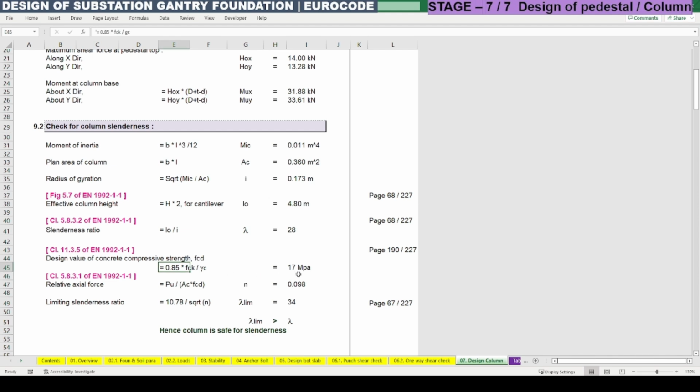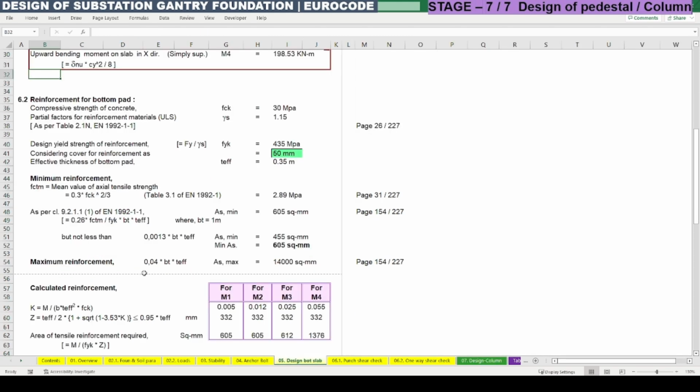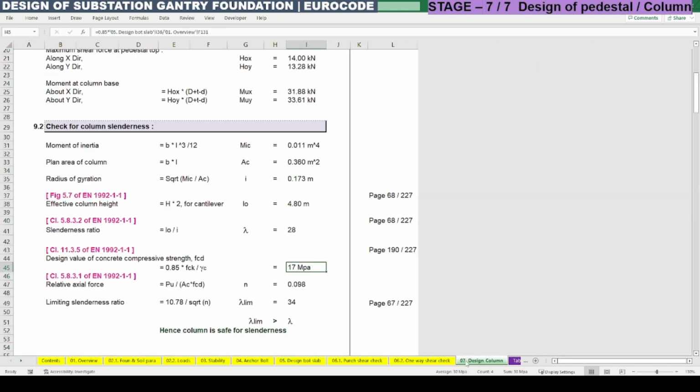FCK is the concrete characteristic compressive strength, which we already discussed in the design of the bottom slab in stage 5. Here you can see FCK, the compressive strength of concrete, is 30 megapascal. This equation we can find in clause 3.1.6.